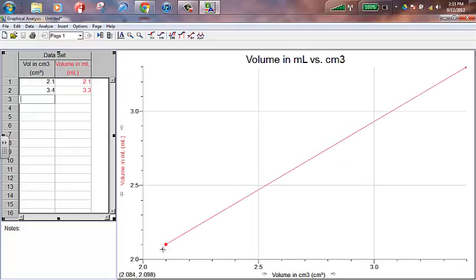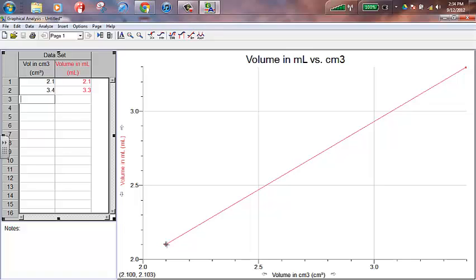And notice what I've got here is a data point right here. If you look at the lower left-hand corner of the graph, so that would be down in this region here, you'll notice that your arrow turns into a cross when it's on the graph. The numbers down here indicate the position of the cross.